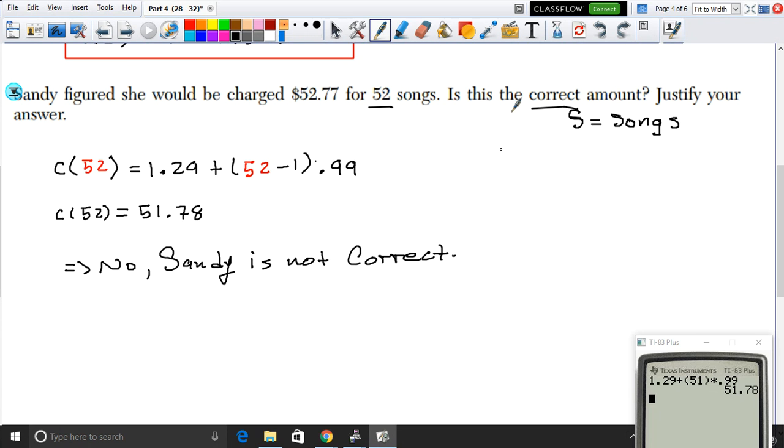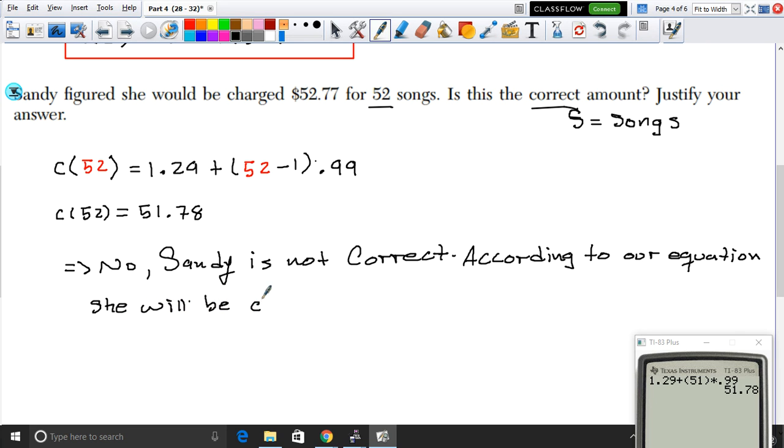So we can say, well, we use our function to justify the price. Or we can just say according to our equation, she will be charged $51.